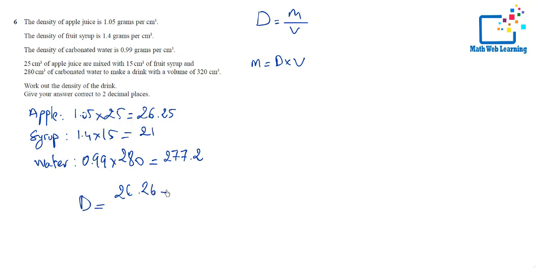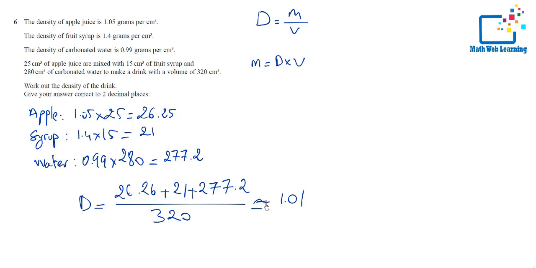26.25 plus 21 plus 277.2, and we're going to divide it by the total volume, which is 320. Plug all this in a calculator and you get an answer to 2 decimal places, 1.01.